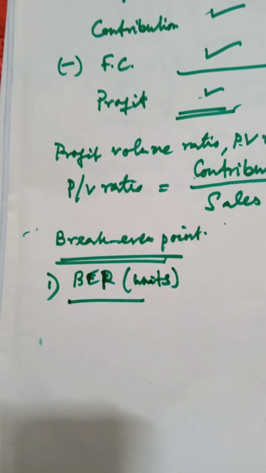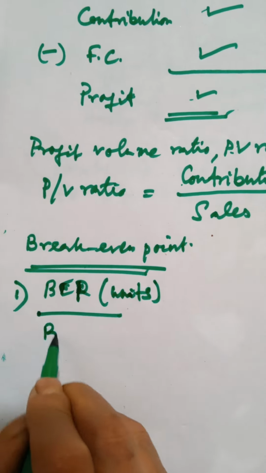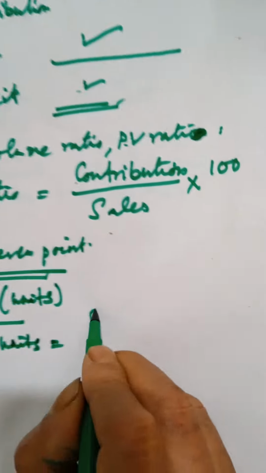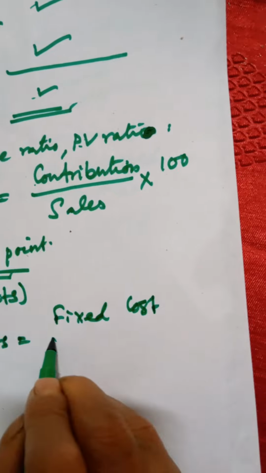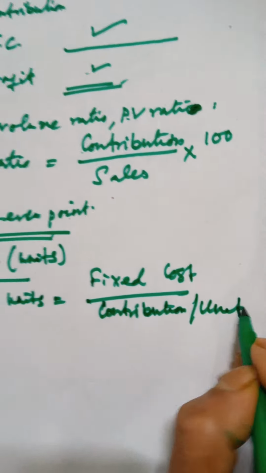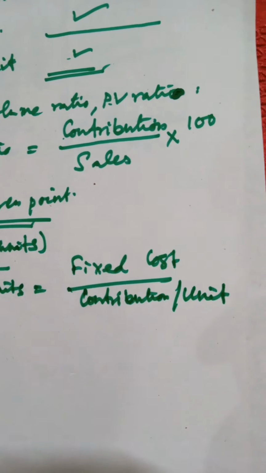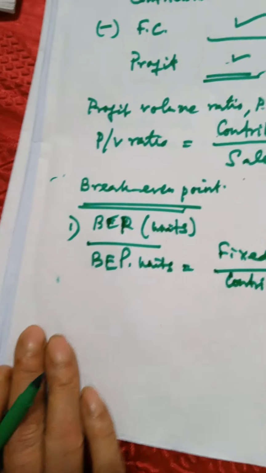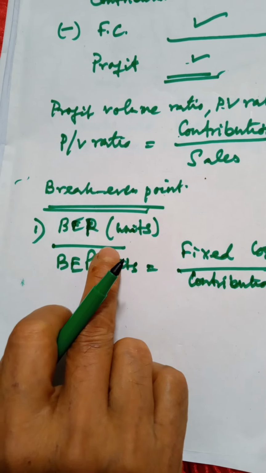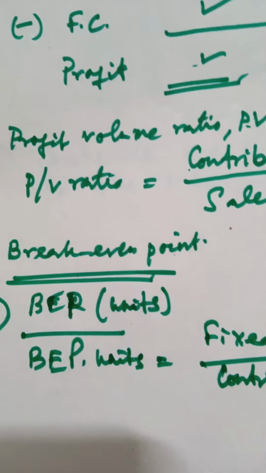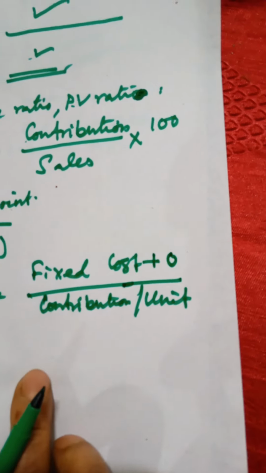Now, how can BEP in terms of units be derived? BEP units is equal to fixed cost by contribution per unit. Break-even units is fixed cost divided by contribution per unit. Now you see, when we are talking about break-even point, we are considering that there is no profit, and contribution is the addition of fixed cost and profit. So we can say fixed cost plus 0 by contribution per unit.